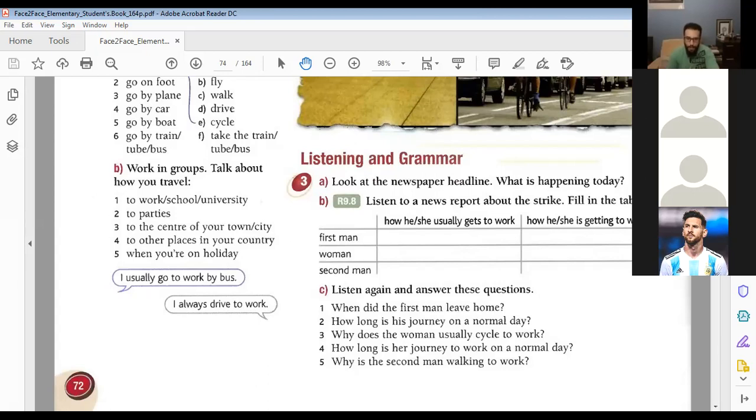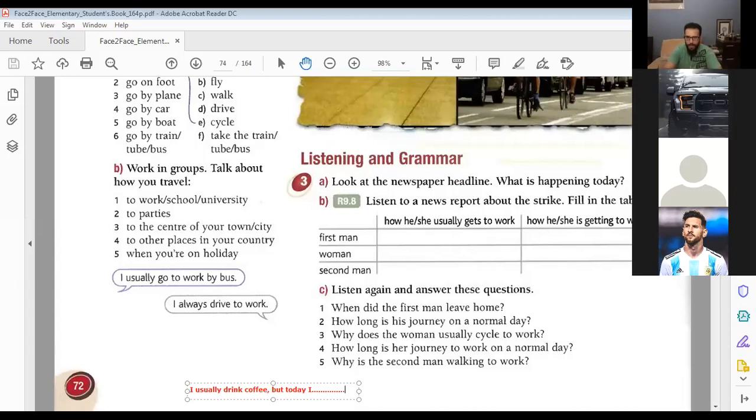For example, if you want to talk about yourself, you can say I usually drink coffee. Who can complete it for me? I drink coffee. But I'm drinking tea now.